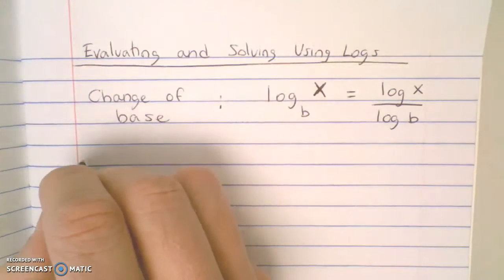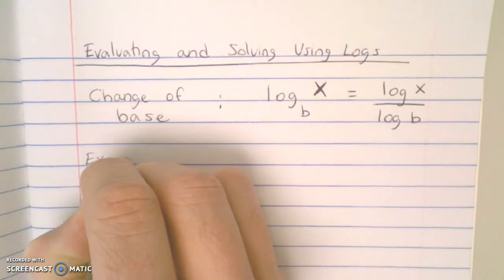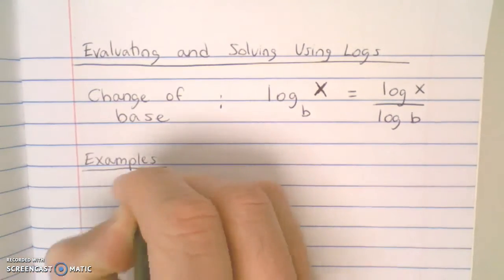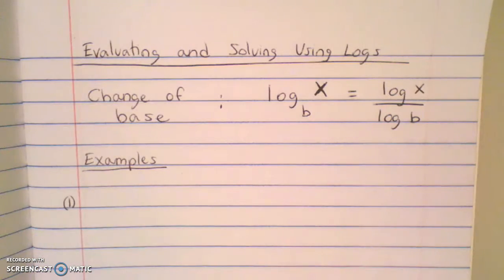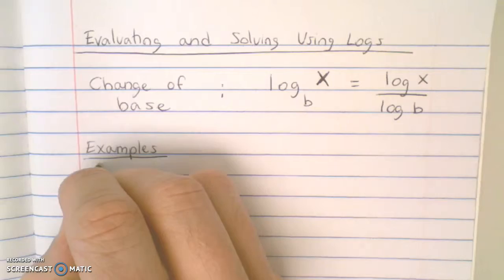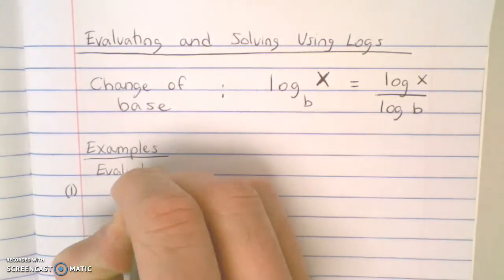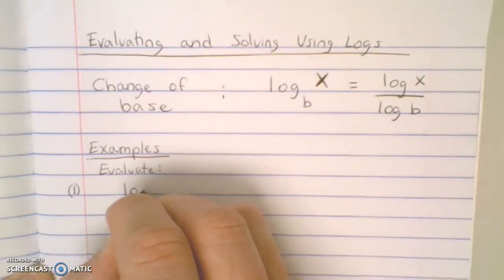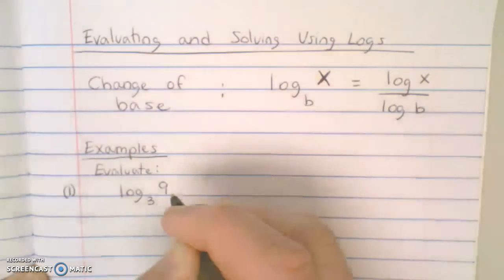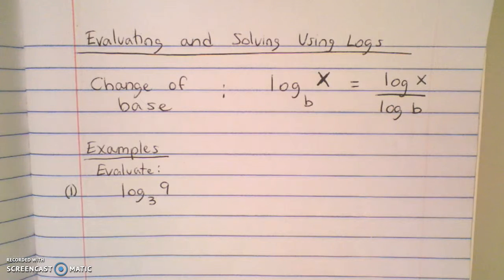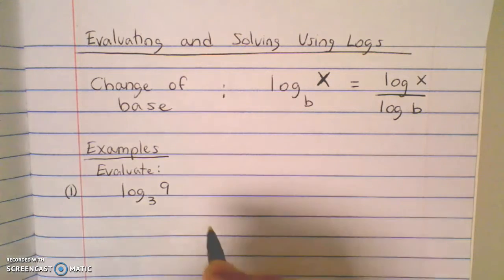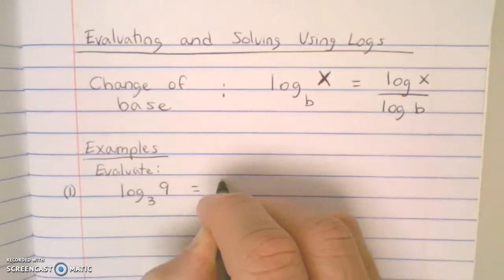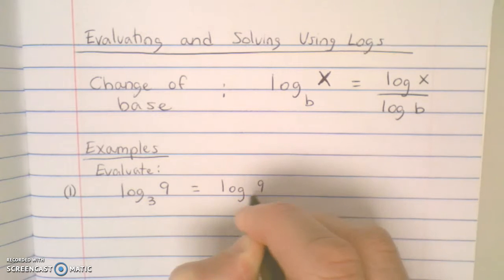So let's take a look at some examples. If I ask you to evaluate, and I gave you this problem, log base 3 of 9. Using the change of base formula, all I would have to do is rewrite this as the log of 9, so log 9 over log 3.